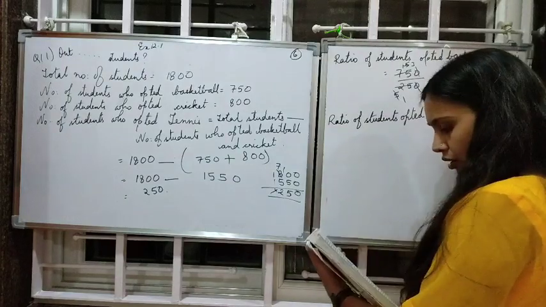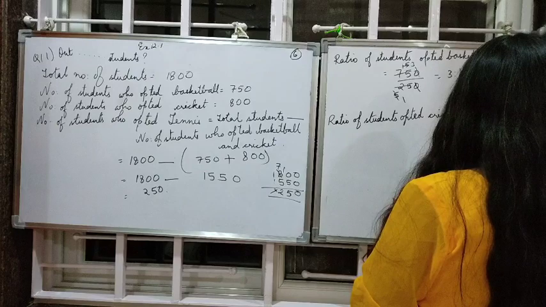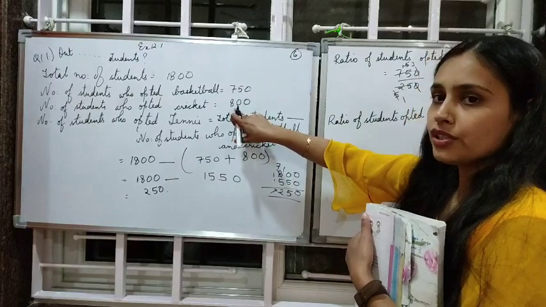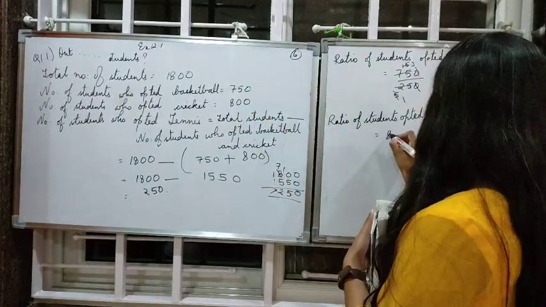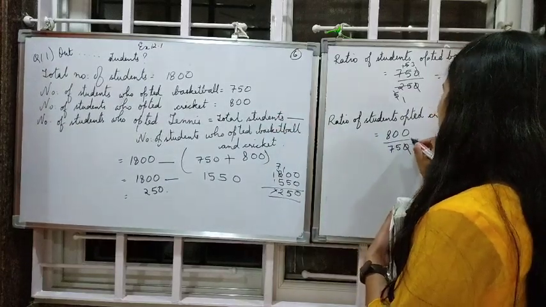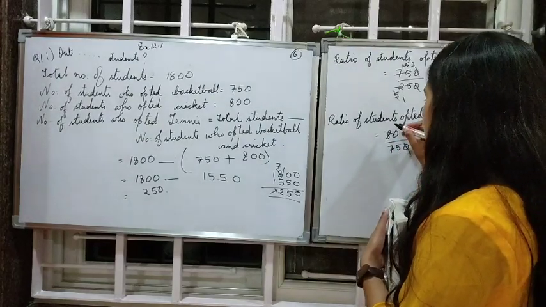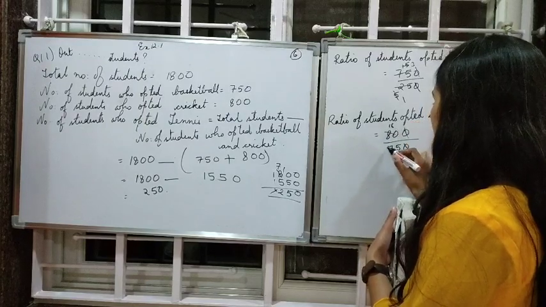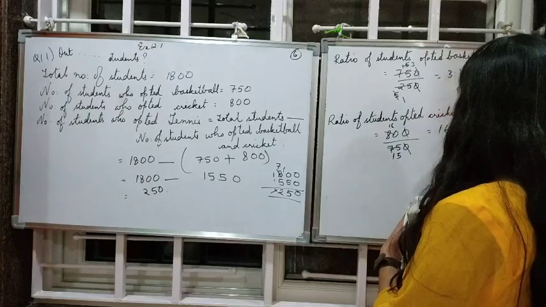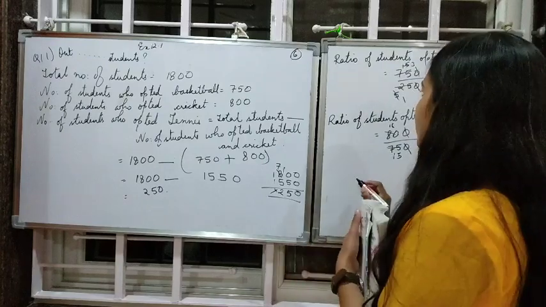Cricket is 800 to basketball 750. The zeros cancel. Then we divide. 5 1s are 5, 5 6s are 30, and this will give us 15. We have done it here also. So it is 16:15.